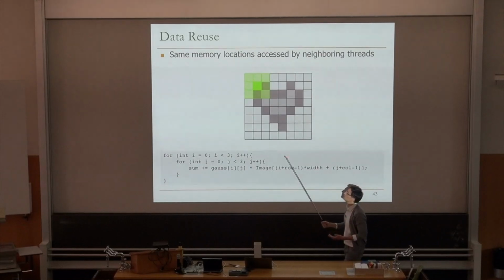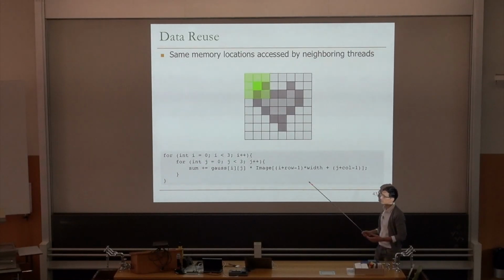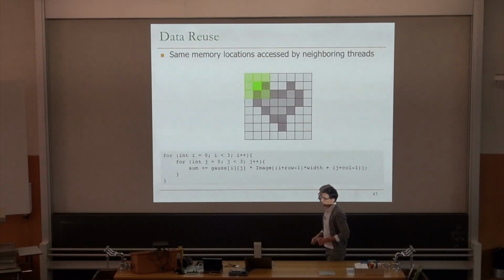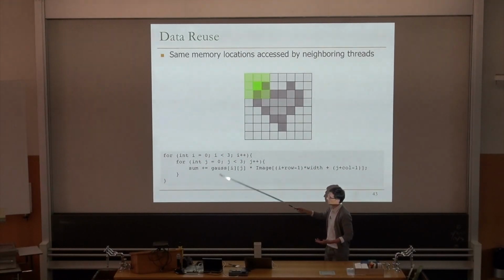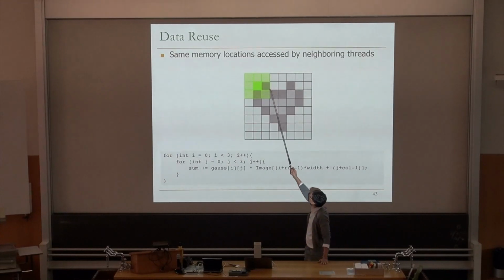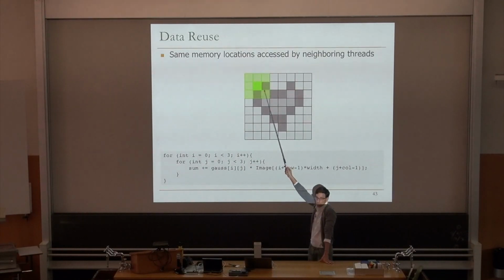In this specific case, the size of the mask is 3 times 3. And observe that the interesting thing here is that if this is a sequential code, we first operate on this pixel, we later go to this pixel, then this pixel, and so on.